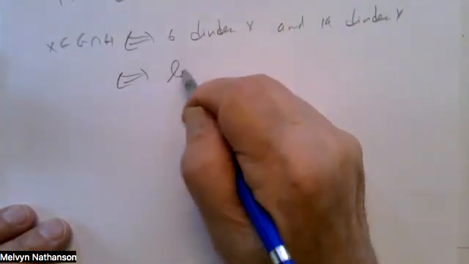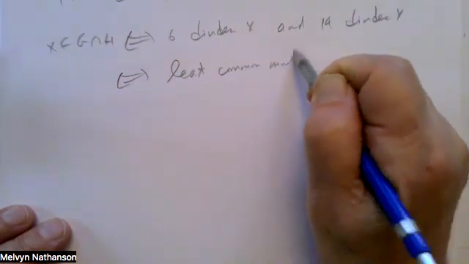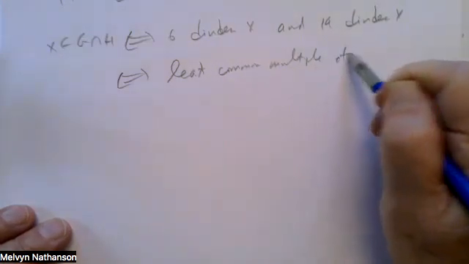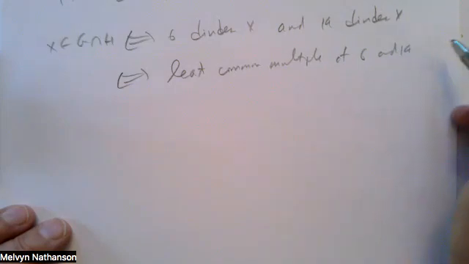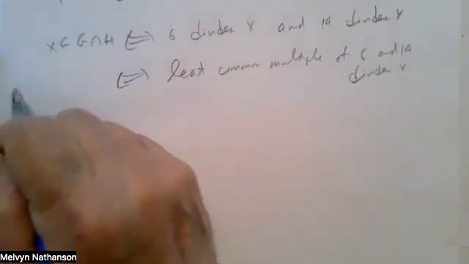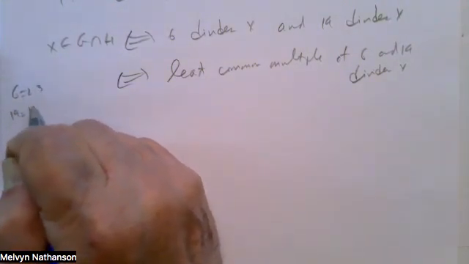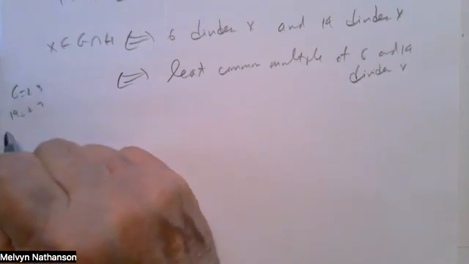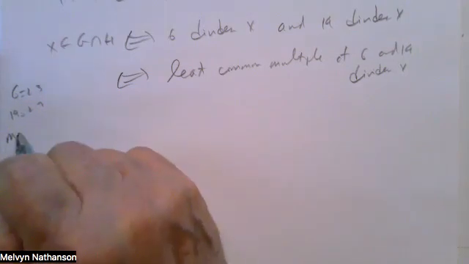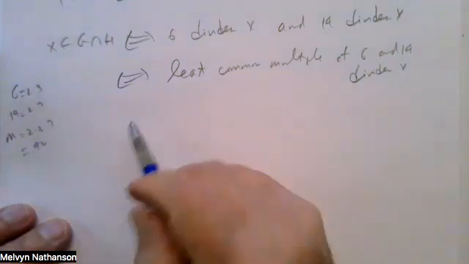Which is the same as saying that the least common multiple of 6 and 14 divides x. Let's see, 6 is 2 times 3, 14 is 2 times 7. So the least common multiple, let me call it m, is 2 times 3 times 7, or 42.